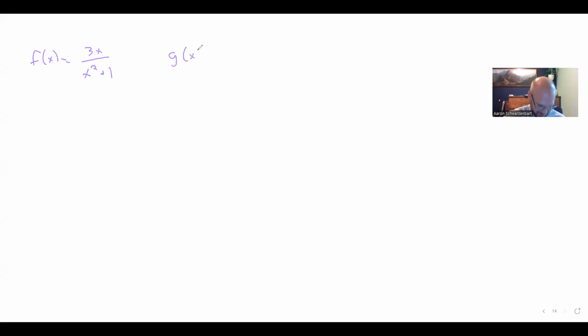G of x equals 3x squared over x squared plus 1. We're going to think about end behavior with these, and try to compare the graphs without using a graphing calculator for these. When we're matching graphs to functions, we want to try to do that without our graphing calculator. And if you can't, so here's the last one is k of x, then start checking with your graphing calculator.